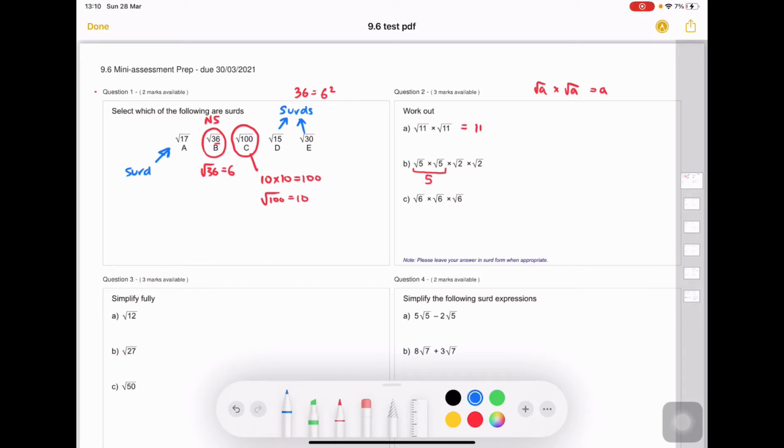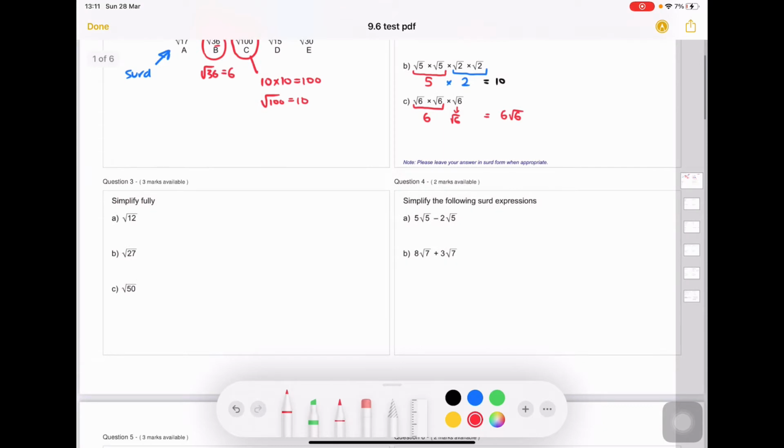And square root of 2 multiplied by square root of 2 is 2. So the total is then 10, as in 5 multiplied by 2 is 10. For the next one, we have 6 multiplied by root 6, which you can't simplify any further. It's just 6 root 6.